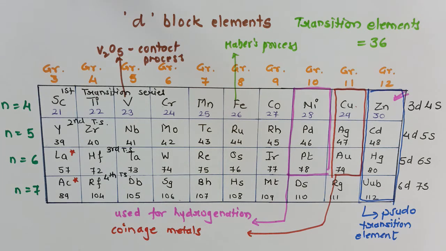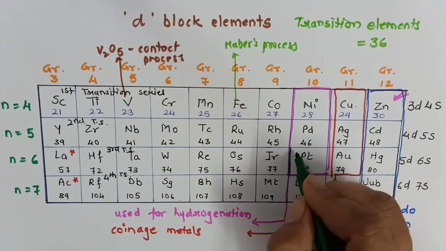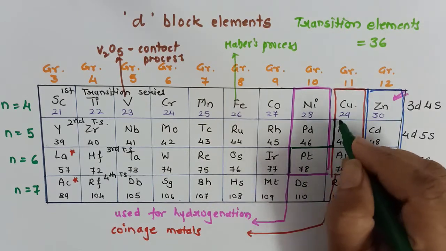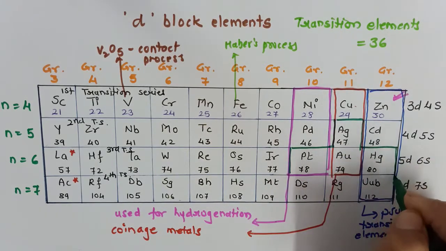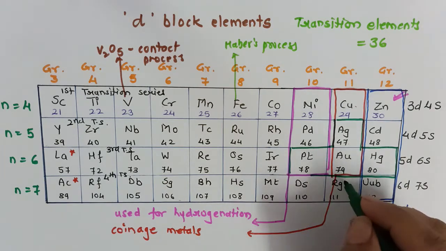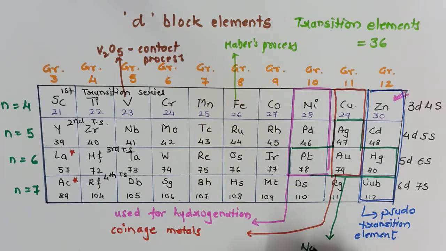Then metals like platinum, silver, gold and mercury, these 4 metals, are called as noble metals because they hardly react with any other metal or any other element.